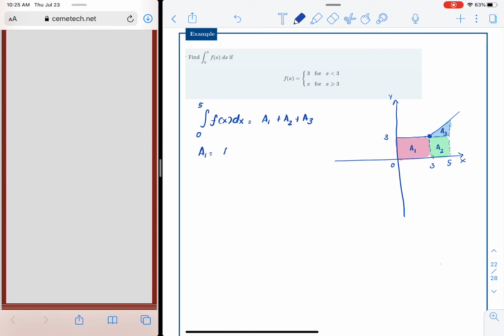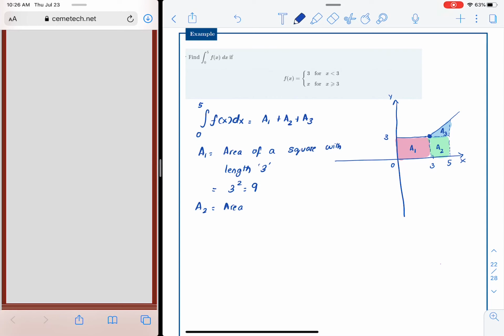A1 is the area of a rectangle. Oops, it's a square. Even though it looks like a rectangle, it's a square with length 3. So that would simply be 3 squared. We end up getting 9. A2 looks like a square, but it's actually a rectangle.